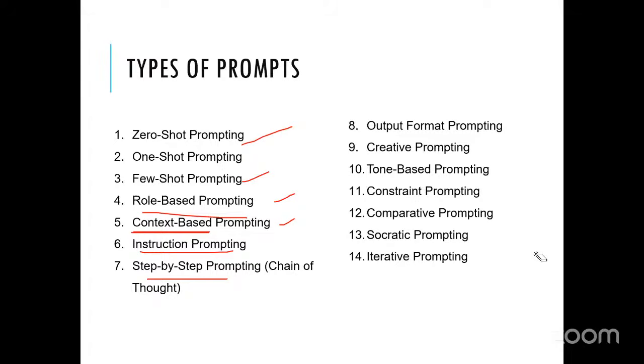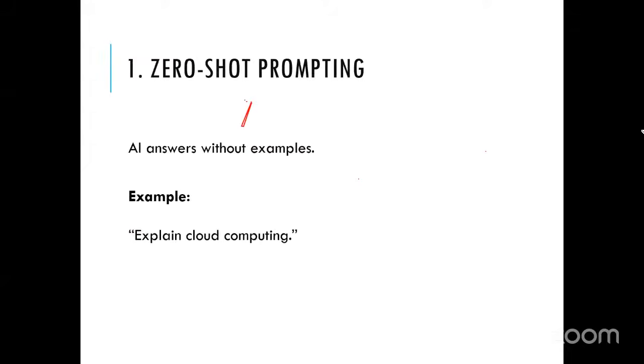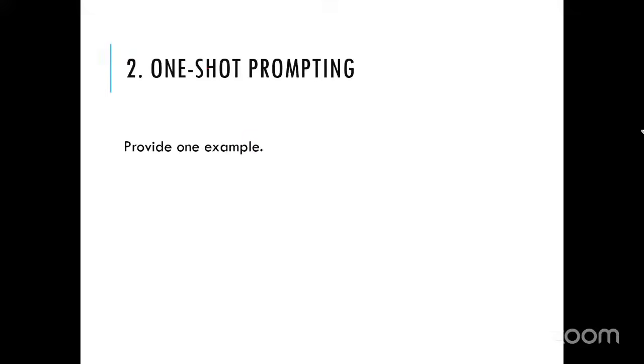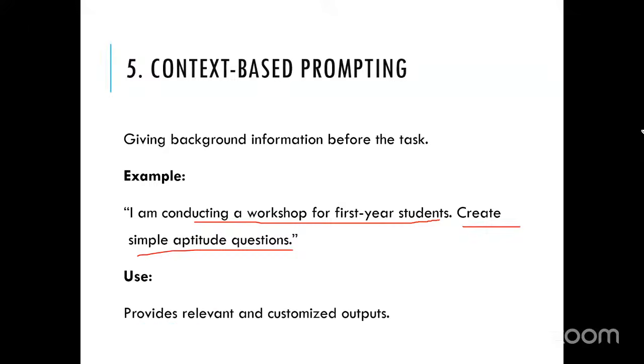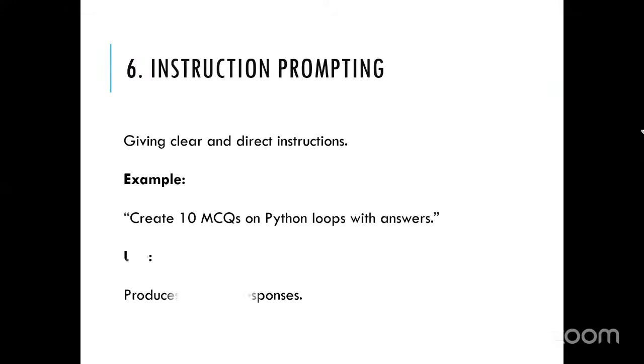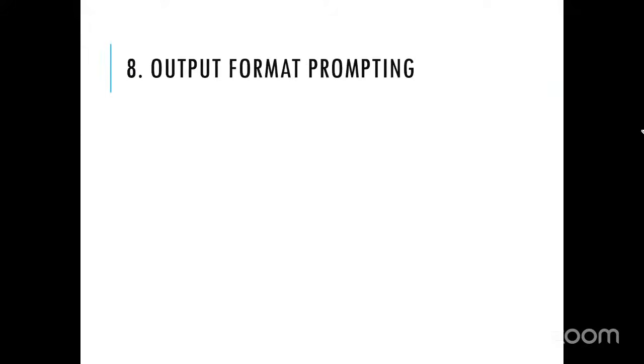Okay, fine. So we will see the next 7 types of prompts. The eighth one is output format prompting. Here you are asking something to the AI and it is going to respond.